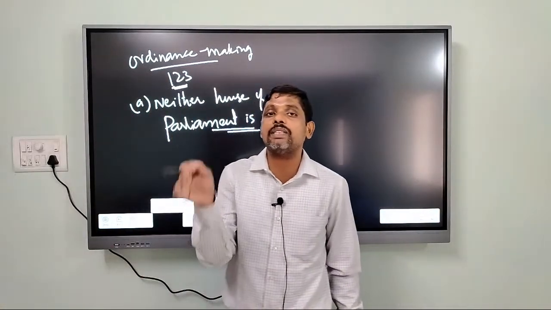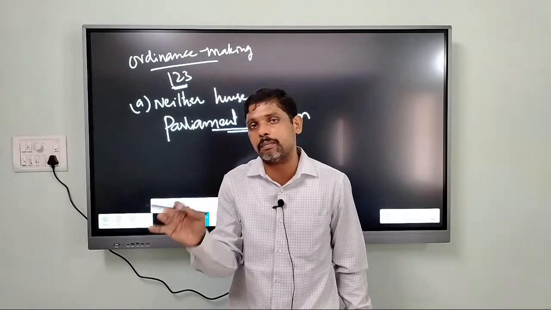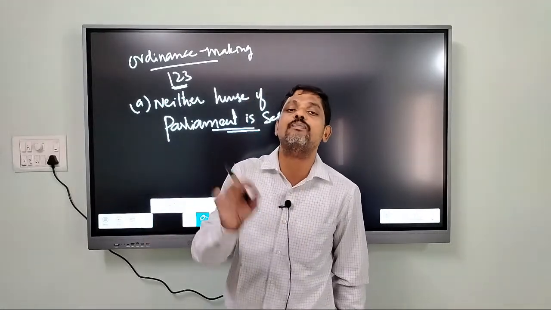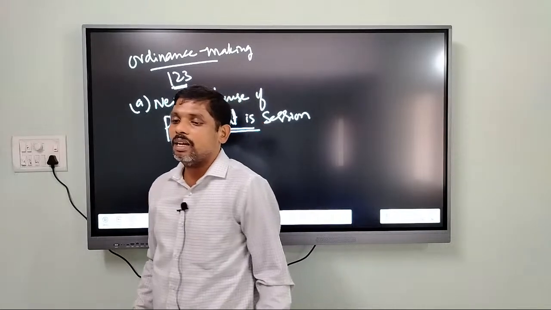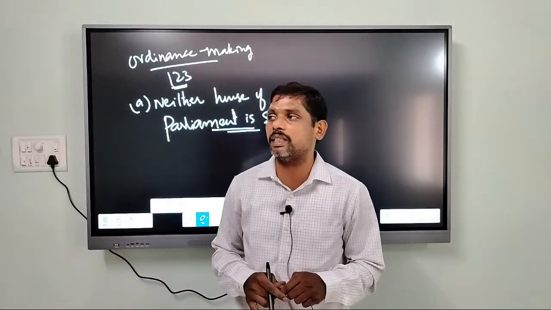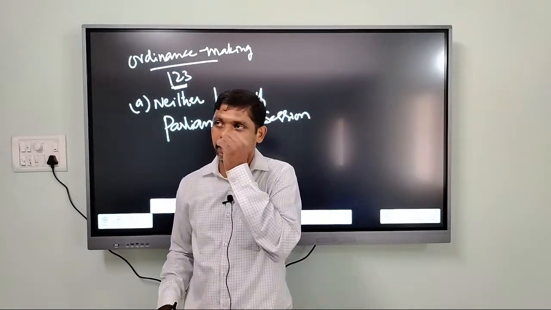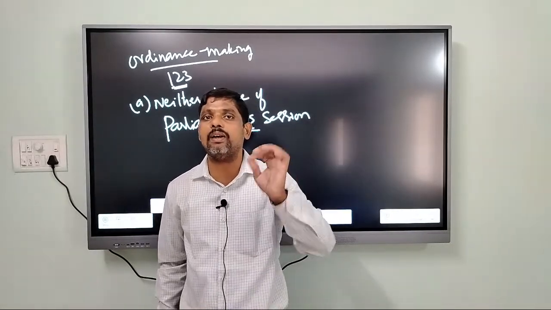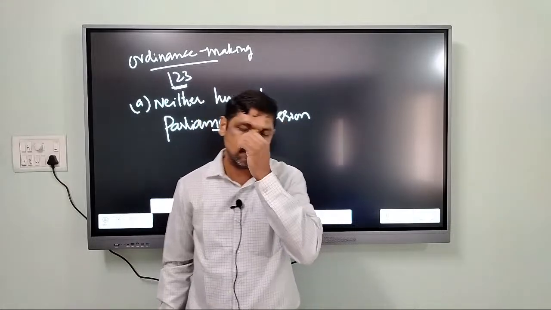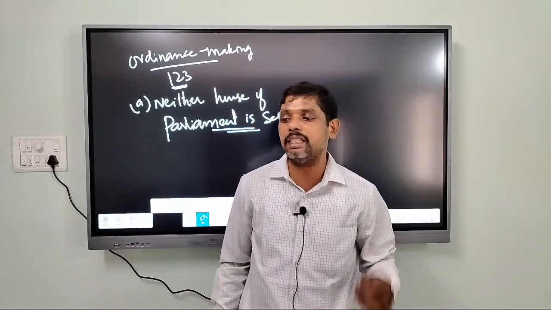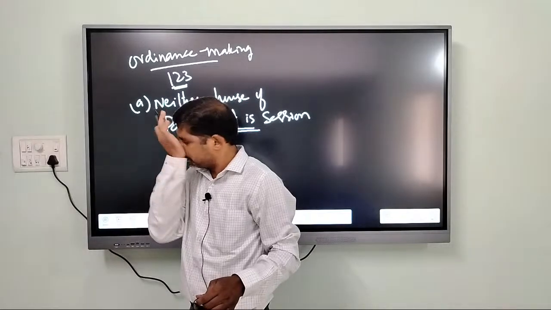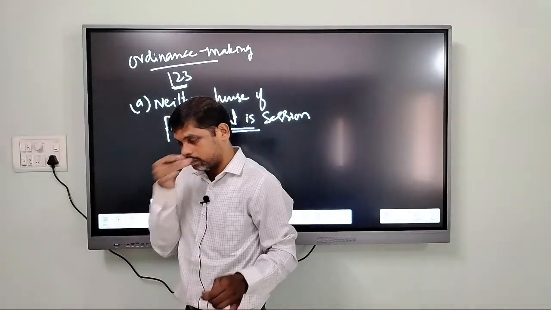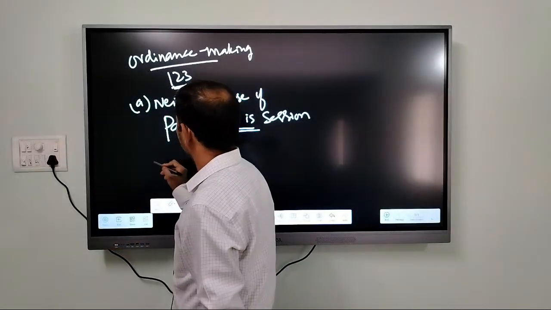Whether it is Lok Sabha or Rajya Sabha, when one of the House of Parliament is in session, in such a condition, the President of India cannot issue the ordinance. The first condition is when neither House of Parliament is in session, the President of India can issue the ordinance. Alright, this is one thing.